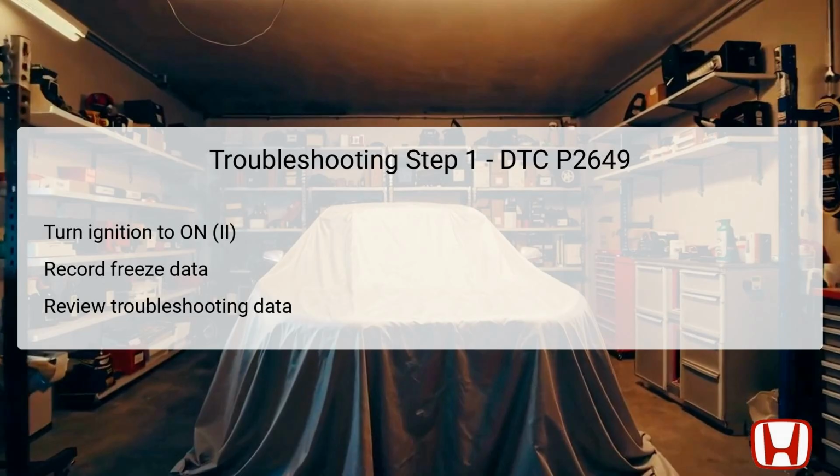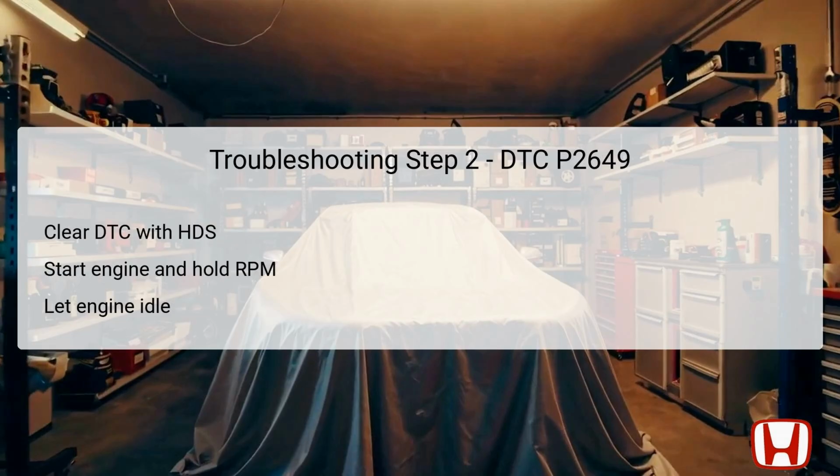Following this, review the general troubleshooting information to understand specific procedures and expectations related to this DTC. Assessing freeze frame data allows you a glimpse into the vehicle's performance at the time of the fault, helping in isolating the issue. Following this organized approach sets a solid foundation for further diagnostic steps.